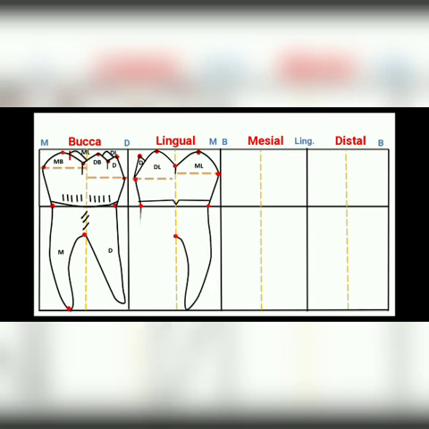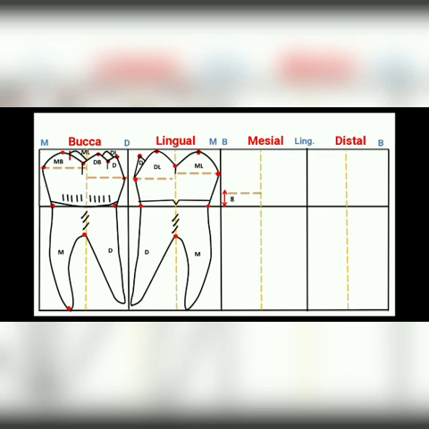So why does it actually appear longer? Why does this part of the root, which is the root trunk, appear longer? That's because it has lingual convergency and the more cervically located cervical line, so it may appear longer and narrower.